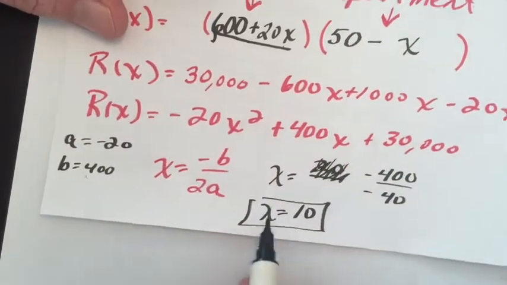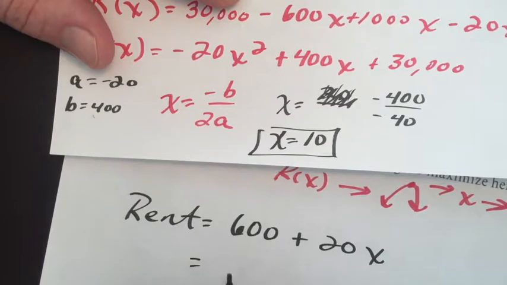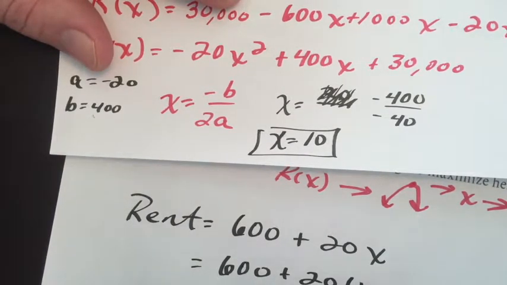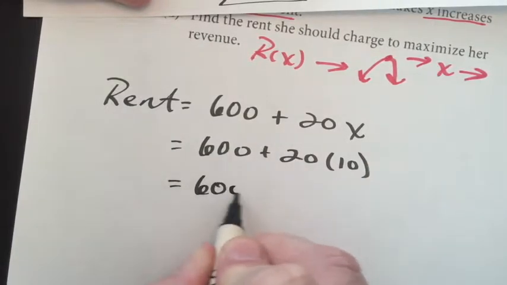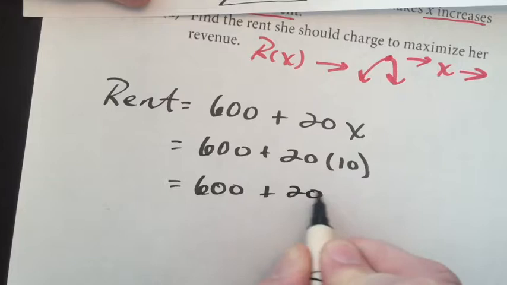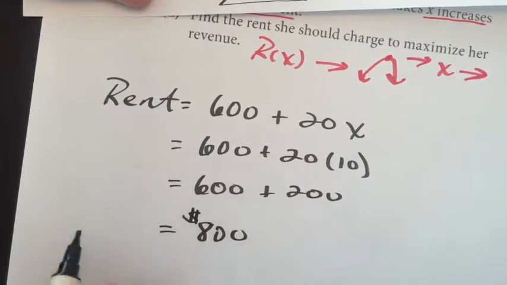And we determined that our vertex happens when x is equal to 10, or 10 $20 increases. So 600 plus 20 times 10, or 600 plus 200, or $800.